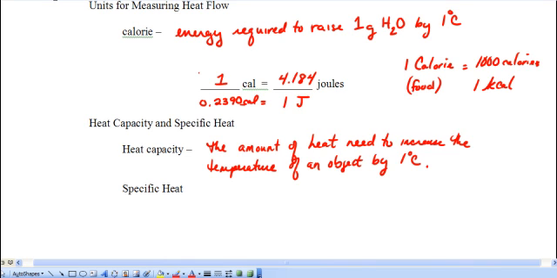So any particular object can be given or assigned a heat capacity, or you can actually measure it by material on a per gram basis.